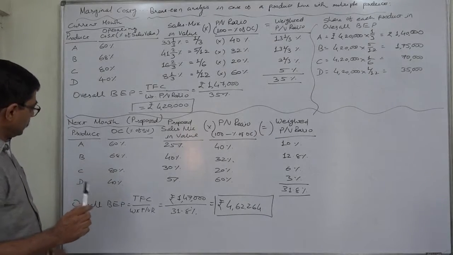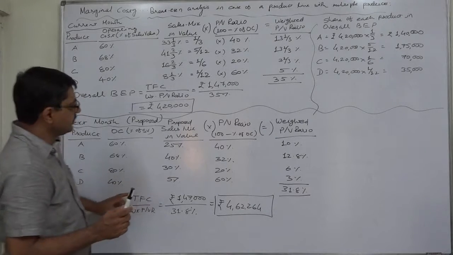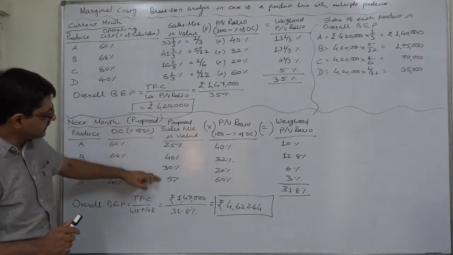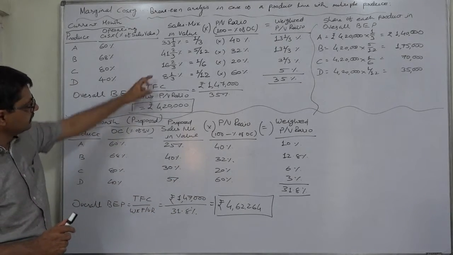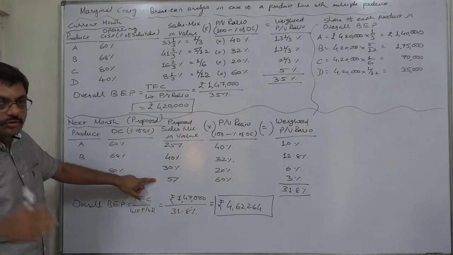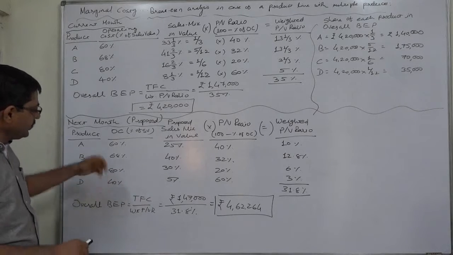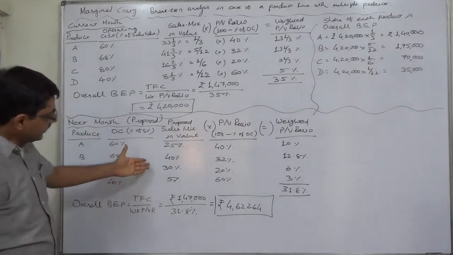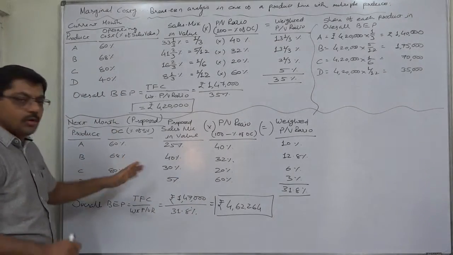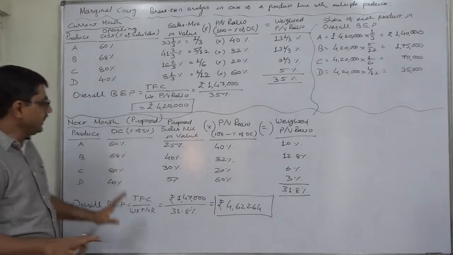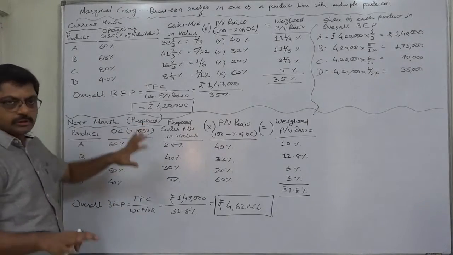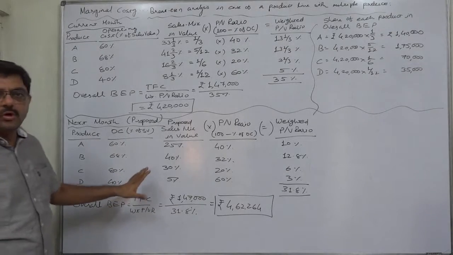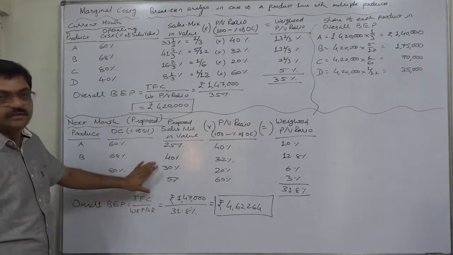D has the highest PV ratio, but its sales has decreased. Its share in the overall sales has decreased. On the other hand, C has the lowest PV ratio and its sales has increased. Whoever in the company is going to make this proposal, or has made this proposal, has not considered this fact.